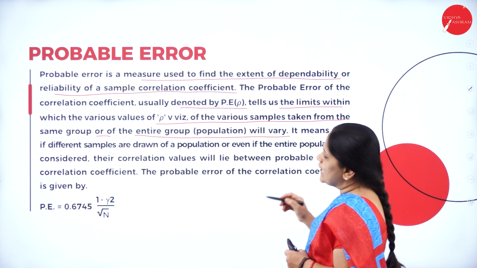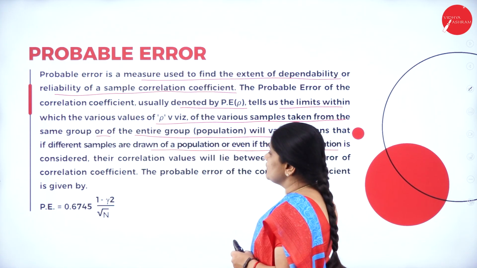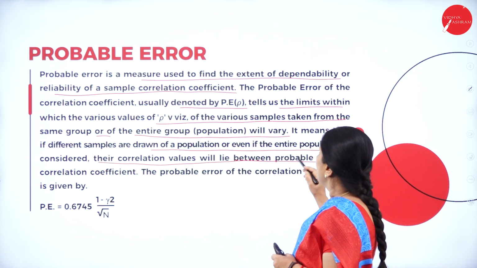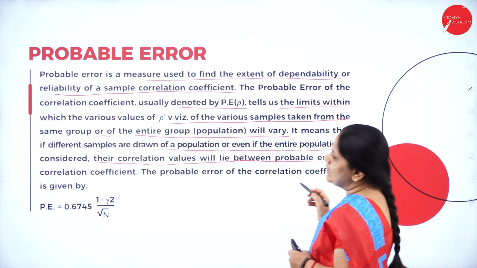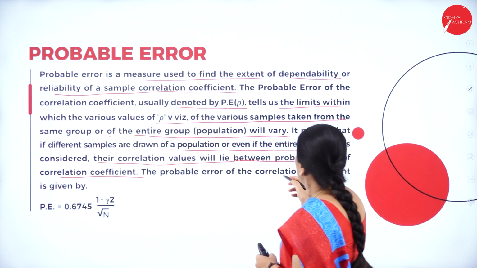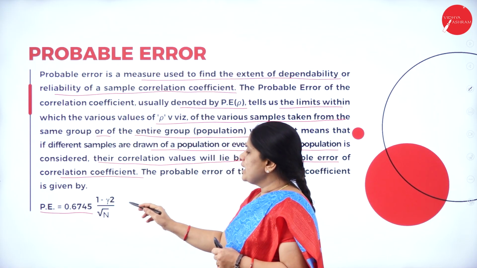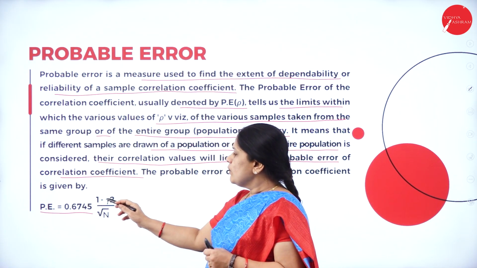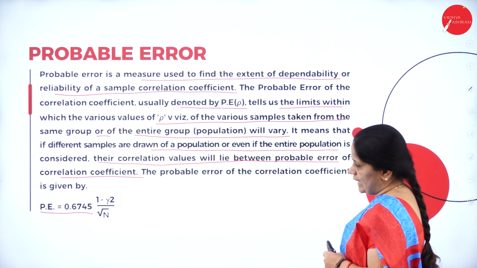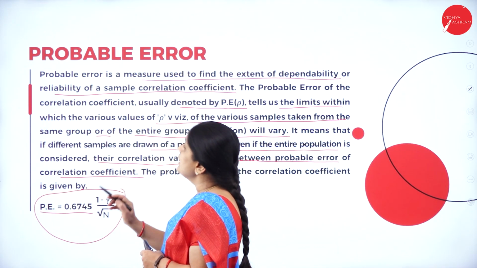It means that if different samples are drawn from a population, or even if the entire population is considered, the correlation values will lie within the probable error of the correlation coefficient. The probable error is given by PE equals 0.6745 into 1 minus rho square divided by root of n. So, this is one formula which we should make a note of.